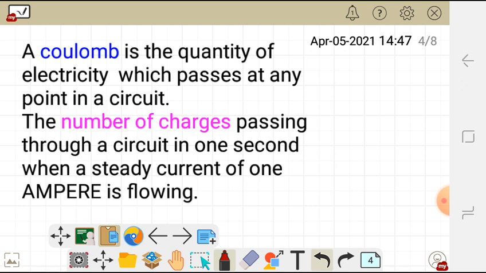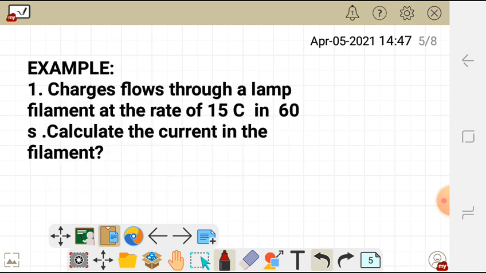We can now go directly to solving problems involving electric current. I have an example to show you how you can easily calculate problems using electric current, and I'm sure after this video you will never have difficulties solving these kinds of questions, whether in the exam or anywhere.